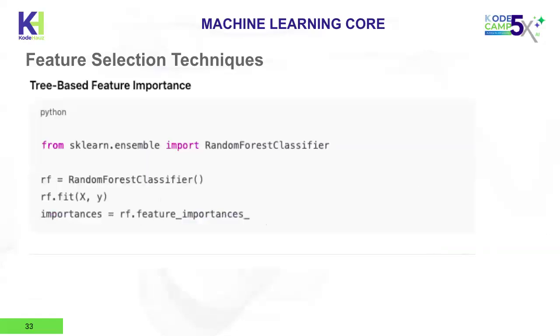Then we also have tree-based feature importance. This is using a random forest to fit on your data, and it will give you what we call importances, which is a list of how important each of the features is to the label, the Y value, right?